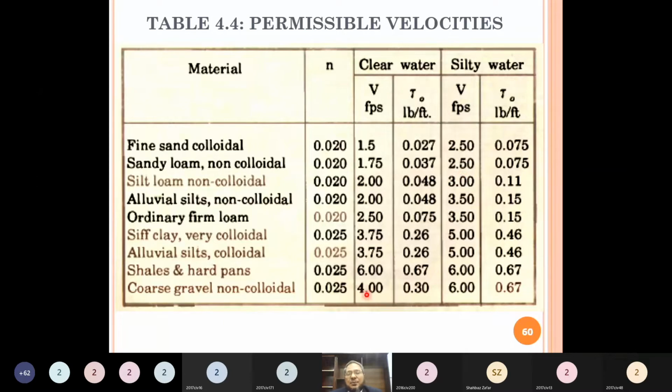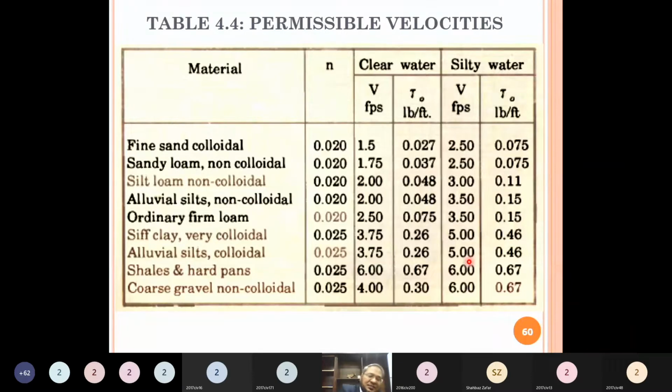But the values of the permissible velocities which are given here are for a depth of flow of how much? 3.25 feet. And if the depth of flow of the channel which we are designing is different, then we have to apply a correction factor K. Moreover, if the channel which we are designing is straight, then these are the permissible velocities.